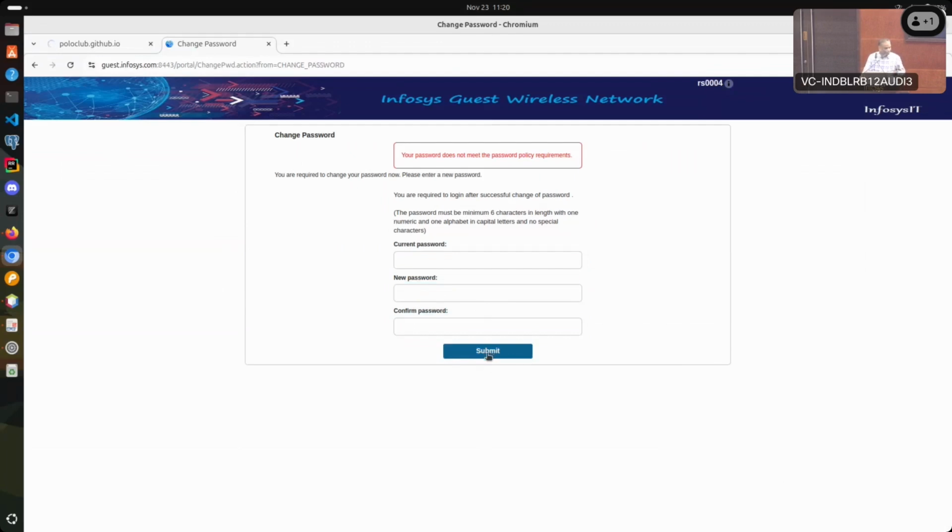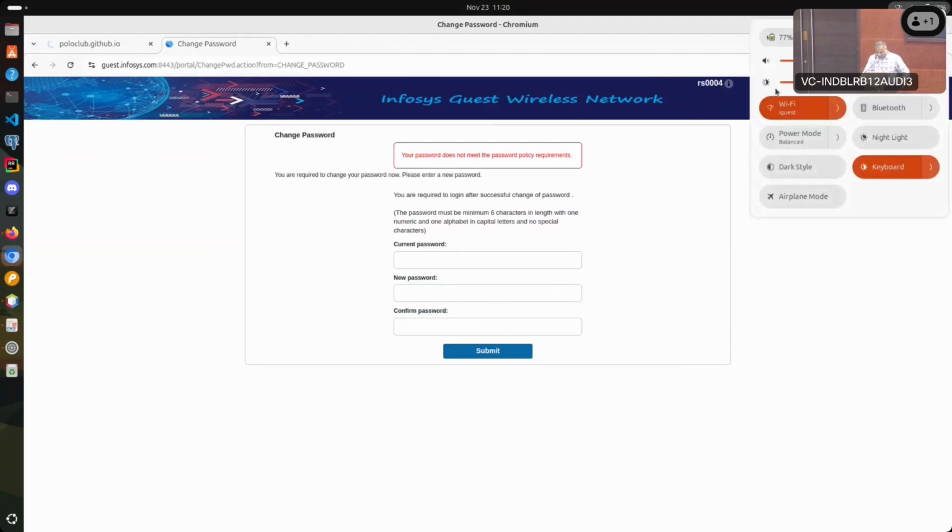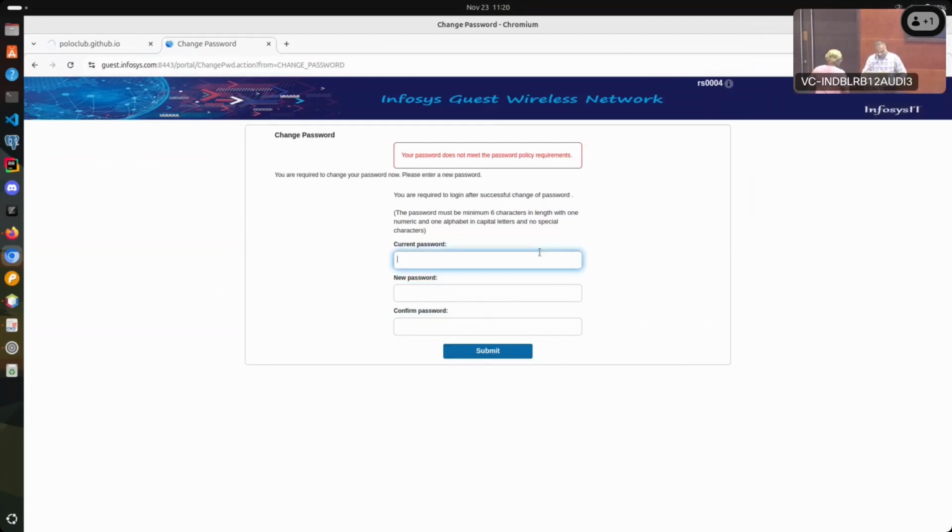Not able to connect. I mean, it's asking for a password change. I gave it, it's not taking. This is the username, 8S. We have 0, it is. Okay.